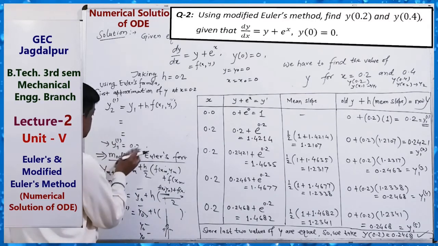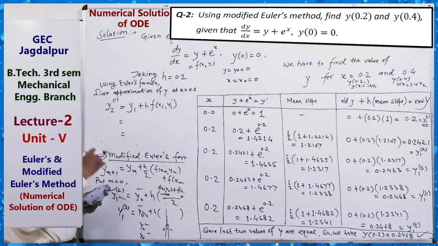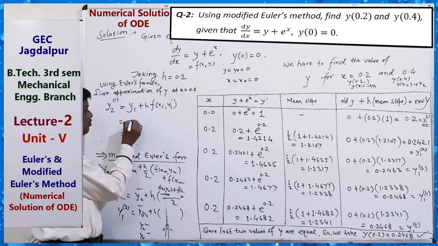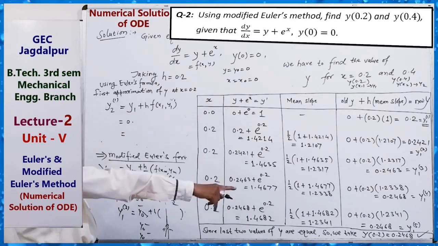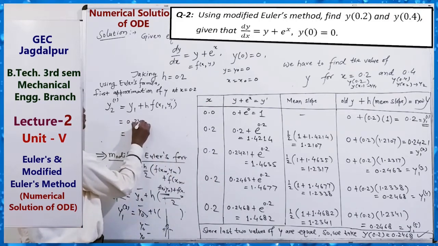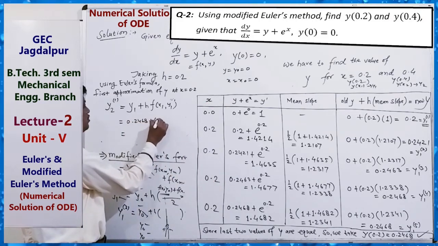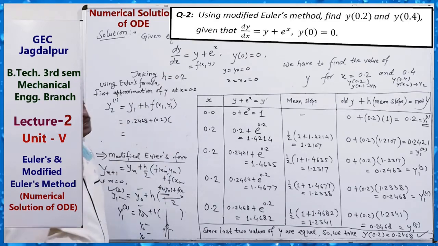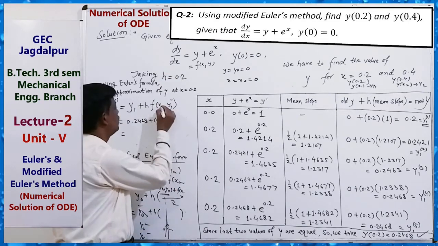First approximation of y2, second step y1. What will be the value? First value of this, 0.2468 plus h 0.2. What does this mean? y1 plus e to the power x1, y1.